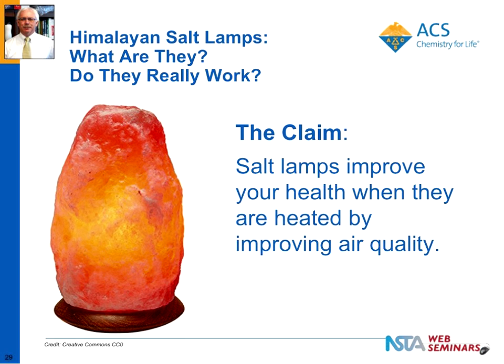One of the ideas is that ions would be emitted from putting a light bulb inside one of these lamps. Salt doesn't begin to dissociate until about 1500 degrees Fahrenheit, and that's well below the temperature that could be generated by a 15-watt light bulb that's typically used to illuminate these things.